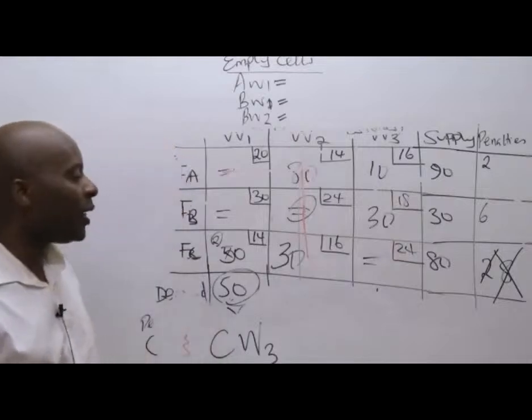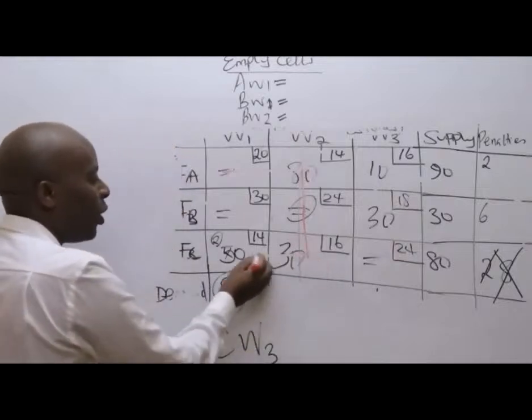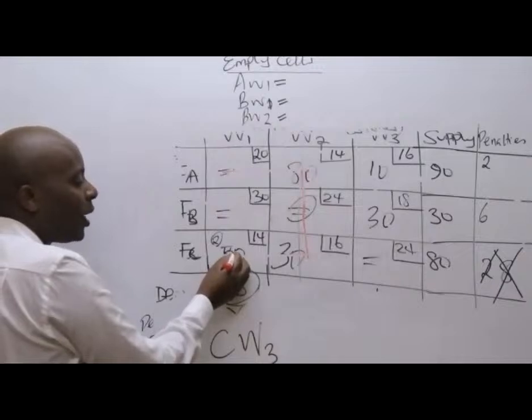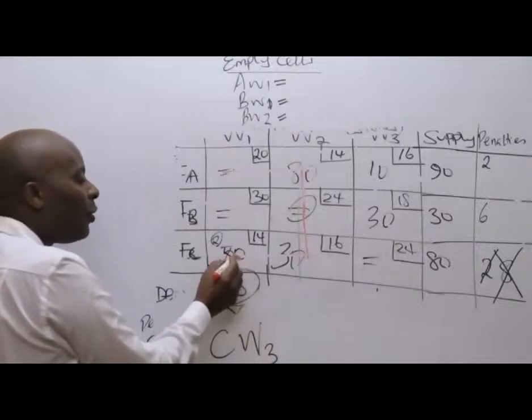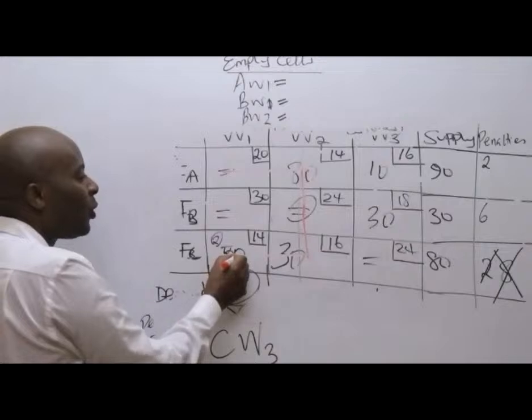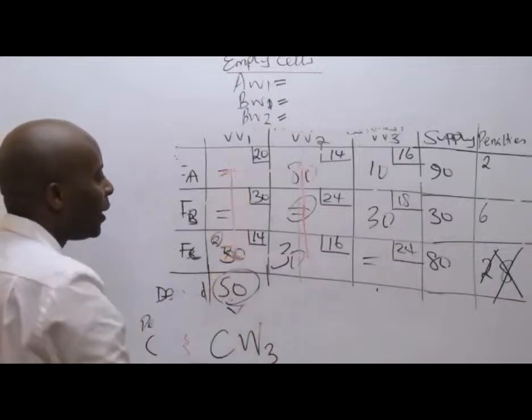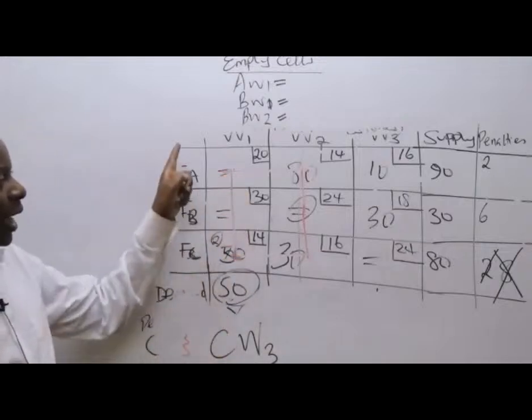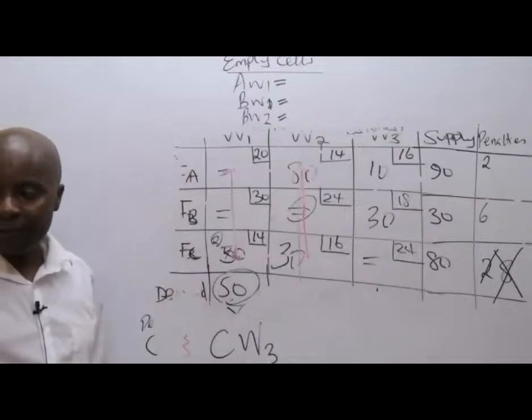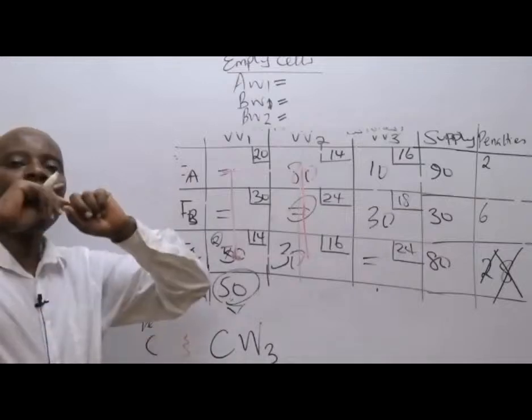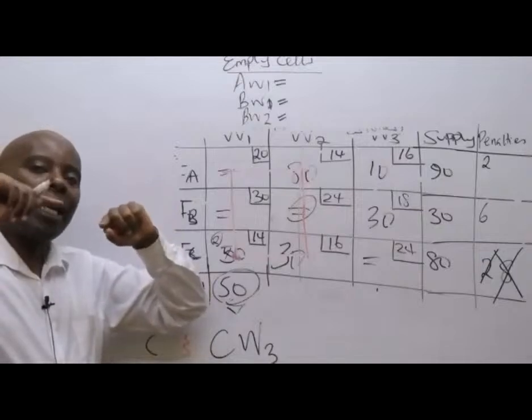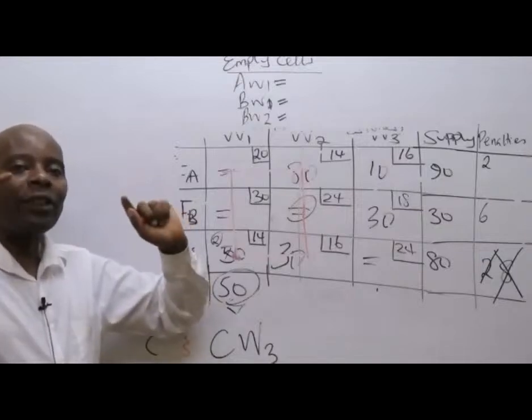Here I can only bend towards a stone, towards this 50. And once I bend towards this 50, I've seen the opportunity to go straight back to the beginning up there. So now I've completed my loop. I've been able to get back to where I started from.